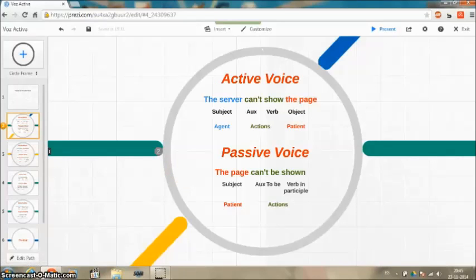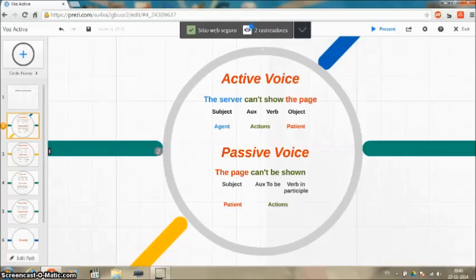Here we have another example. The server can't show the page. So the server is the subject as well as the agent. Can't is an auxiliary, show is the verb, and the page is the object as well as the patient. What can we do if we convert that active sentence into a passive voice one? The page is the patient.